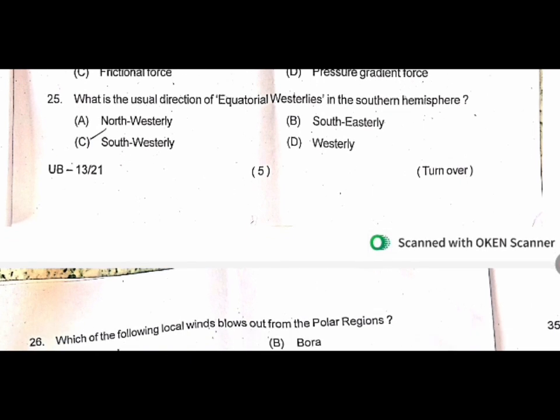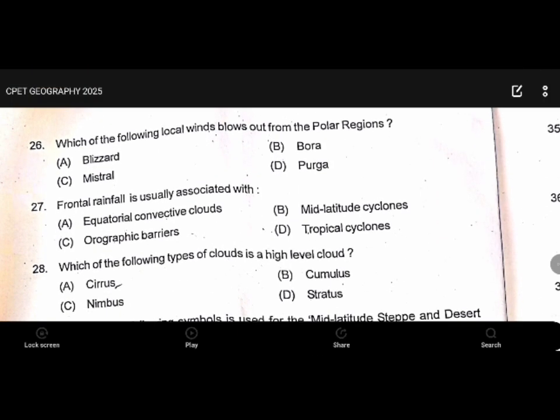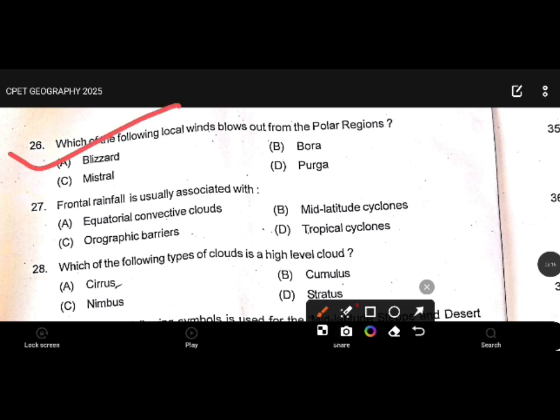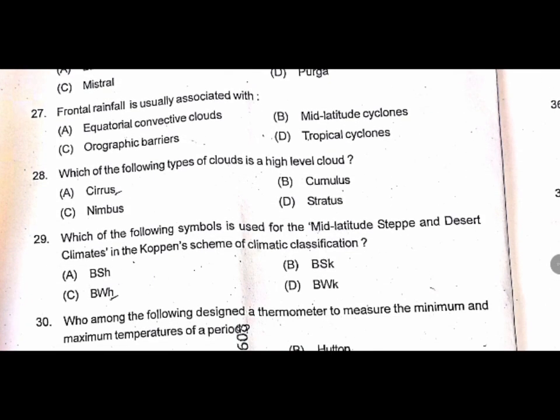What is the usual direction of equatorial westerlies in southern hemisphere? ठीक आंसर टी हबो ऑप्शन सी. 26. Which of the following local winds blows out from the polar regions? ठीक आंसर टी हबो ऑप्शन ए. Blizzard. Question number 27. Frontal rainfall is usually associated with. ठीक आंसर टी हबो ऑप्शन ए.